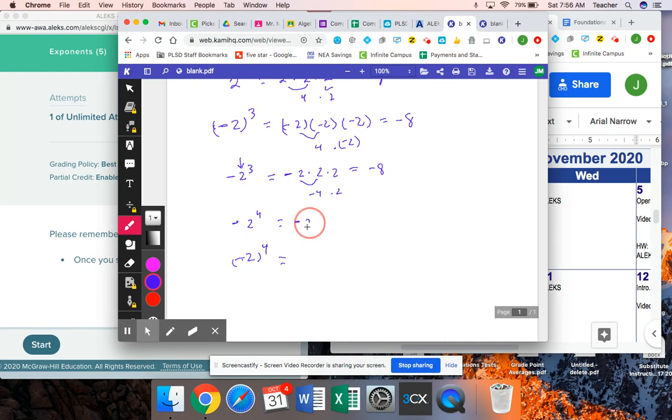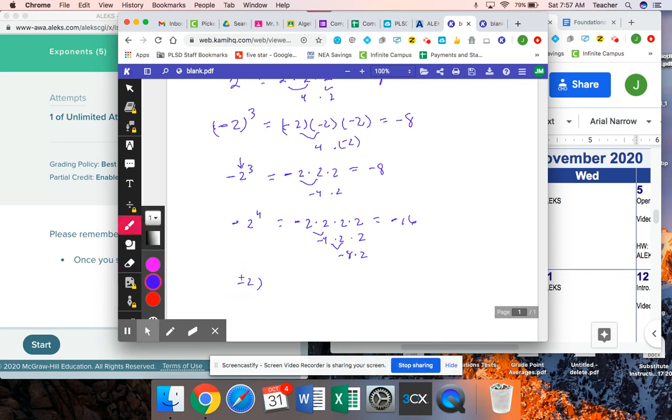And then we're going to write 4 times 2: 2, 3, 4. That's going to give me -4 times 2, which is -8, times 2, which is a -16. Let me erase this so I can push it down a little bit. So it's -16 for that one.